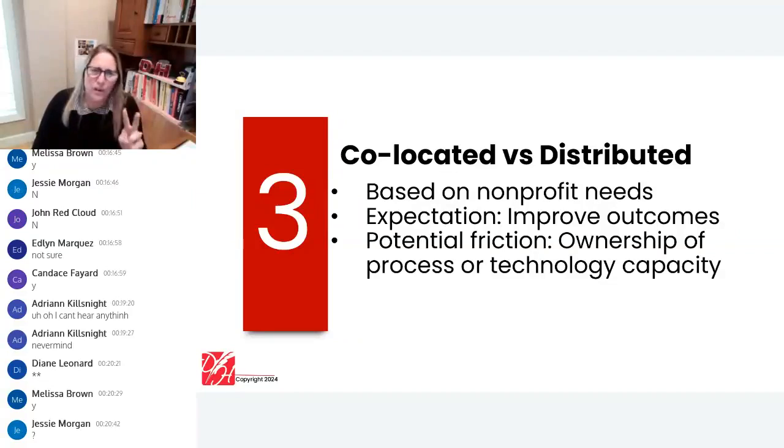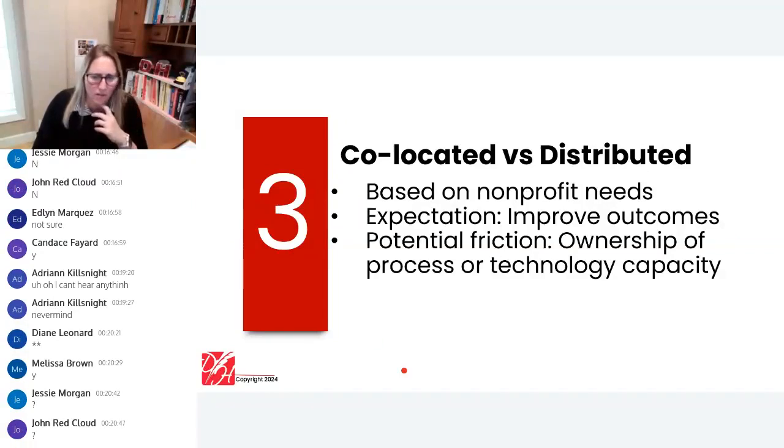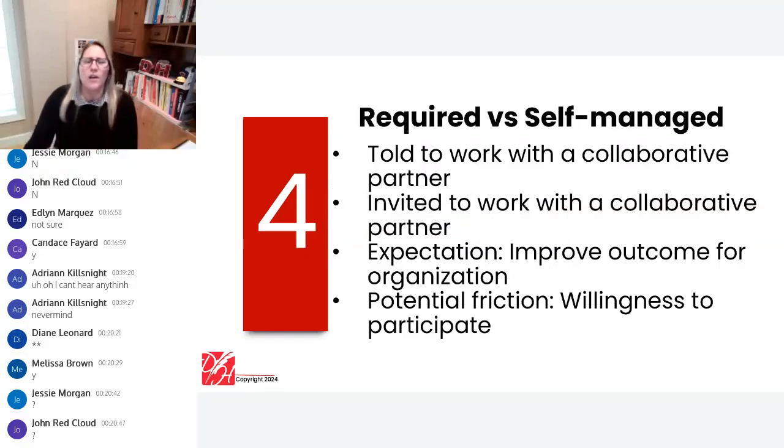Still two more types of collaboration to go. As we think about your grant seeking work and what it is that you want to achieve in the next year, the next 18 months, the next 2 years, when you think of the different grant makers that you might want to expand to, new relationships, we are seeing some grant makers who are telling their applicants what types of collaborations they will require.